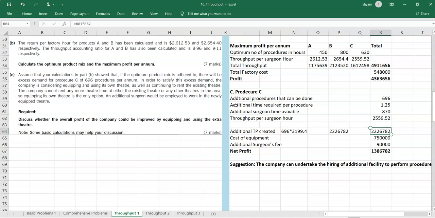Okay. Alternatively, we can find out like this also. We can multiply 696 procedures into the per procedure income of 3199.4. So we'll end up with the same number. So you can work it out in any manner. We deduct thereafter the cost of equipment and the additional surgeon's amount. So we end up with the total profit.